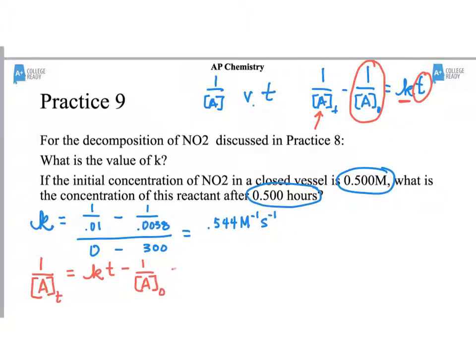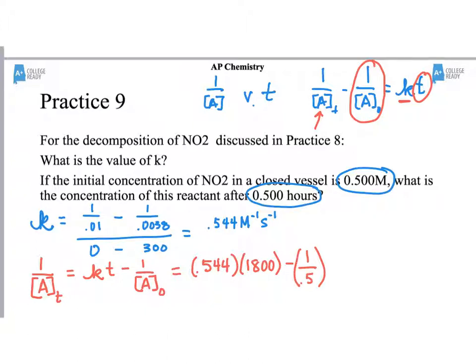So let's plug what we know in. We know our k is 0.54. We know our time is a half an hour. Change that to seconds. That's 1,800 seconds. And we know our initial concentration was 0.5 molar.